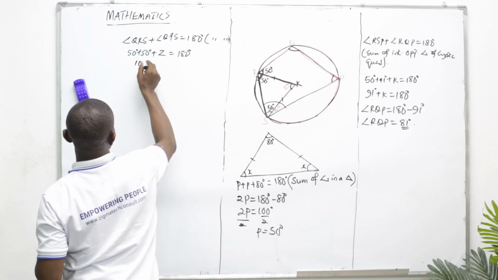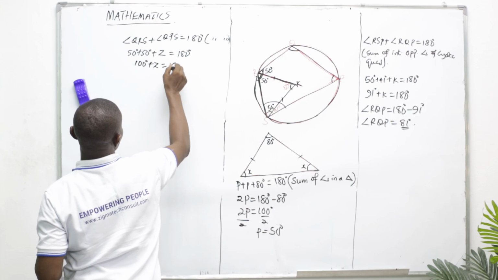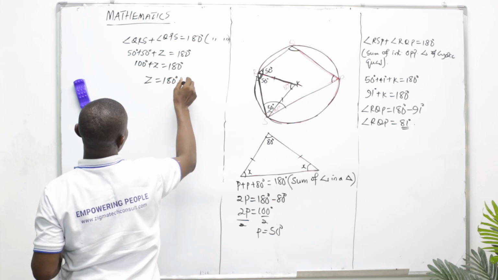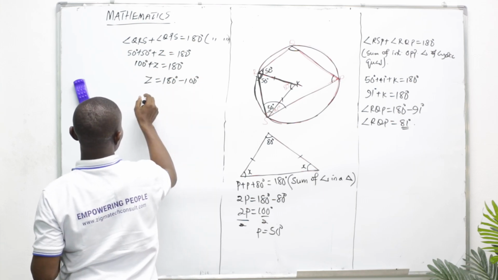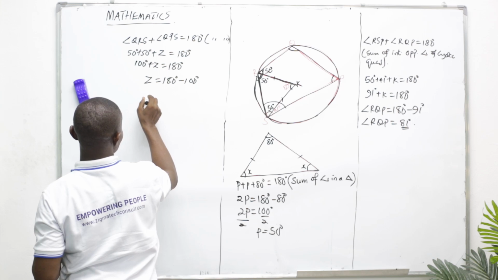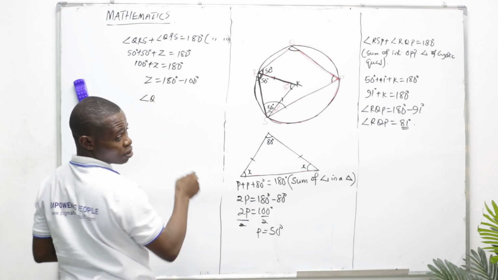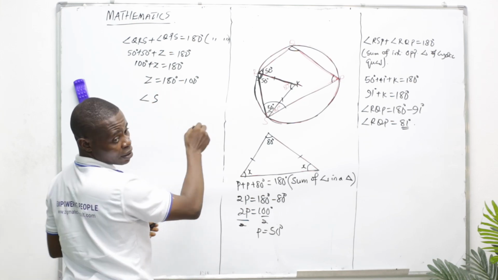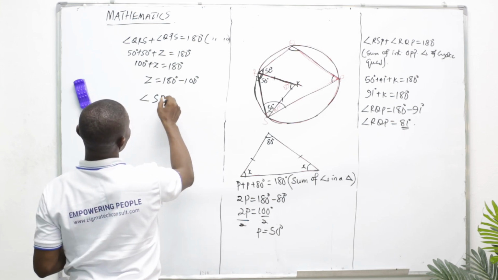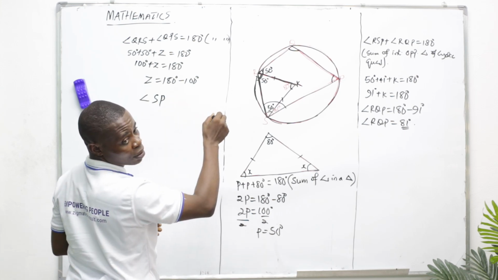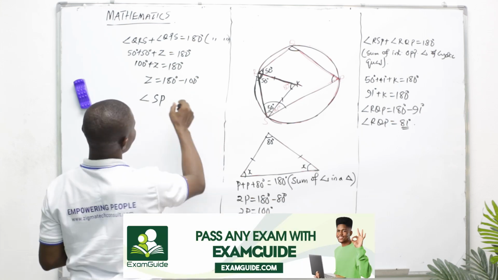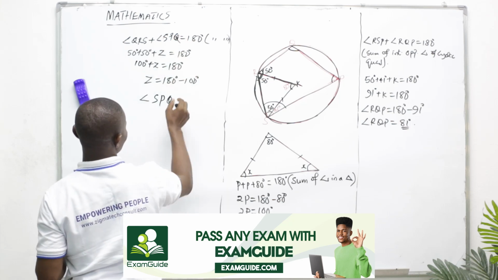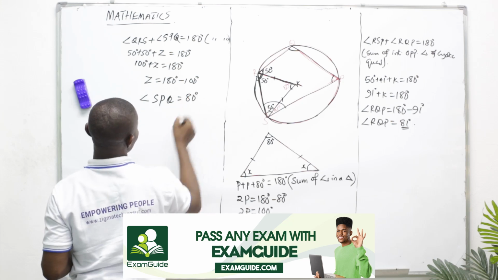So 100 degrees plus Z equals 180 degrees. Z now equals 180 degrees minus 100 degrees. Z, recall that Z is what? Angle SPQ. This is SPQ, which is what? 80 degrees.